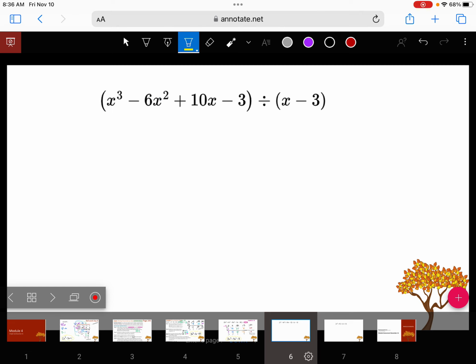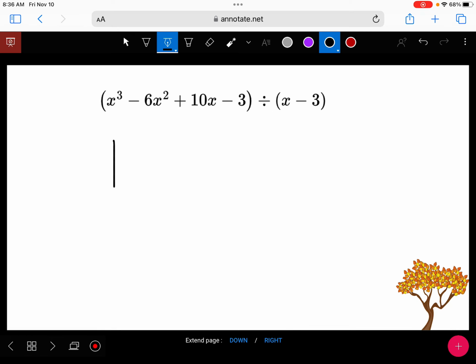Got a cube this time. X cubed minus 6x squared plus 10x minus 3, all divided by x minus 3. I'm going to draw my little upside-downy house, my synthetic division structure.